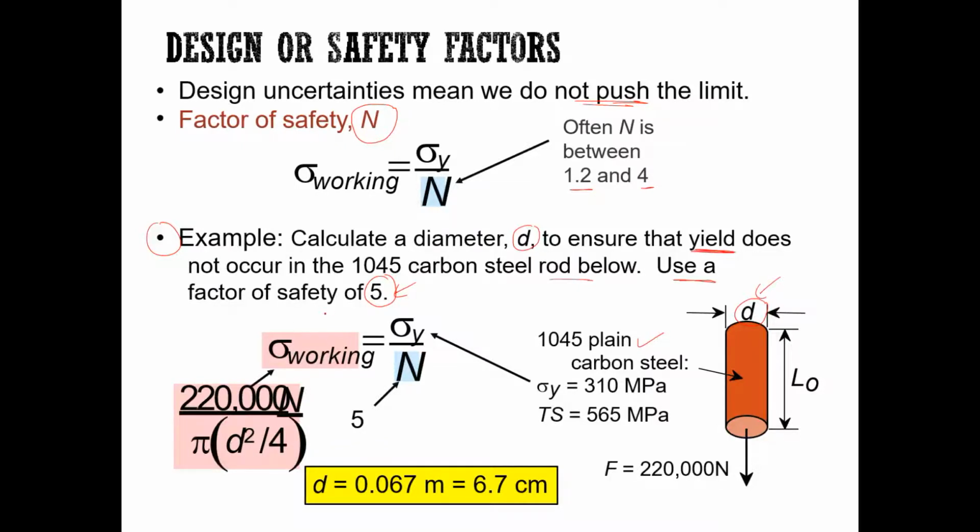So we just use this formula: working stress is equal to sigma Y, your yield strength, over N. N is 5. We know that for 1045 plain carbon steel, the yield stress is approximately 310 megapascal, and the tensile strength is around 565 megapascal.